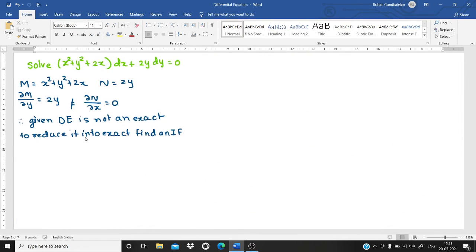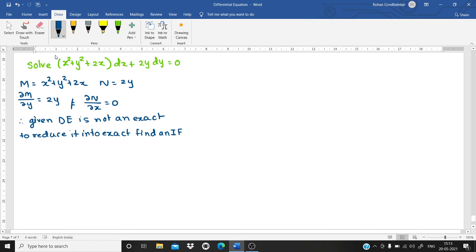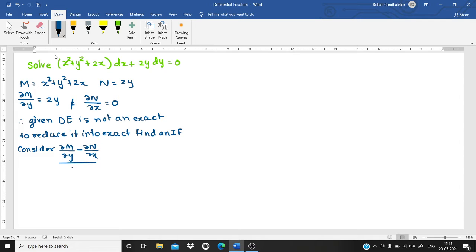Let's check whether it is. So consider ∂M/∂y minus ∂N/∂x upon N. What is ∂M/∂y? Which is 2y minus 0 upon N. N is 2y, which is equal to 1.